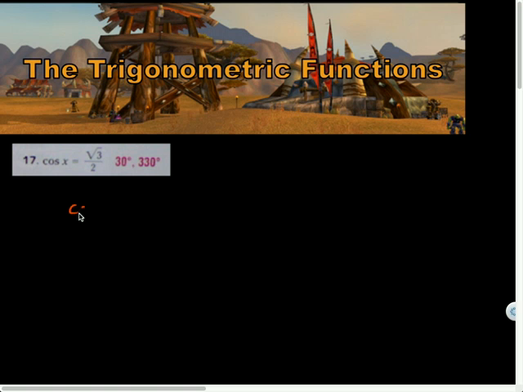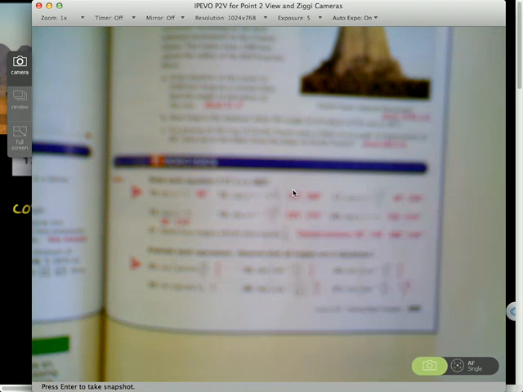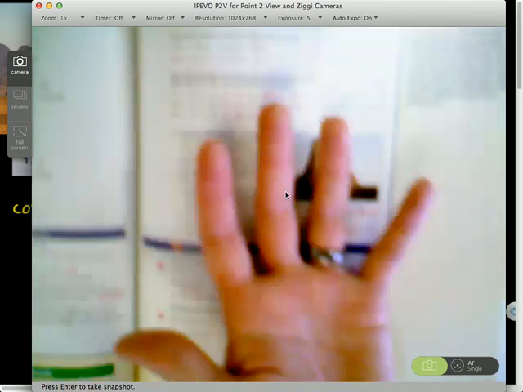So if I was trying to solve cosine x equals the square root of 3 over 2, what I would do is cos inverse both sides. And cos inverse of cos x is just going to be x. And cosine inverse of root 3 over 2, let's see if my camera's, it's blurry. But nonetheless, I can still do a hand trick here.